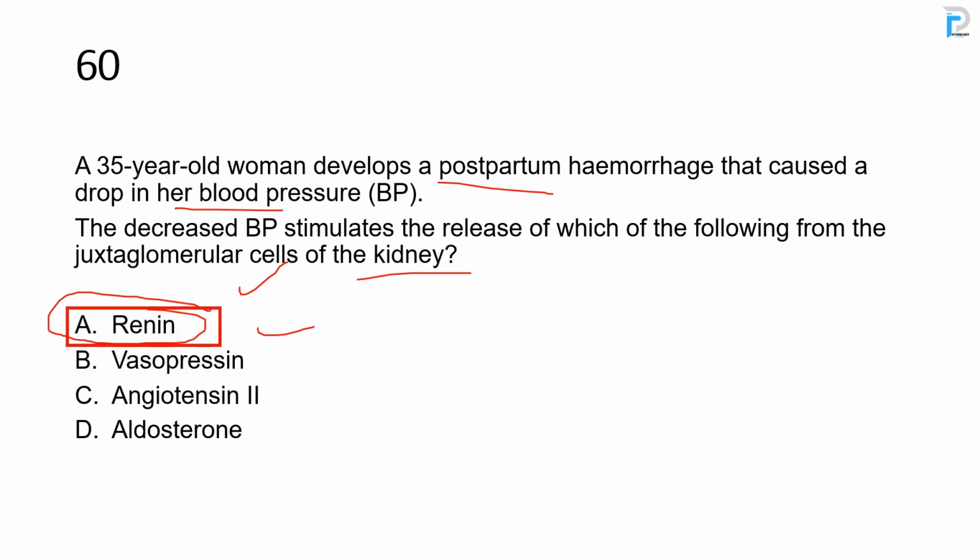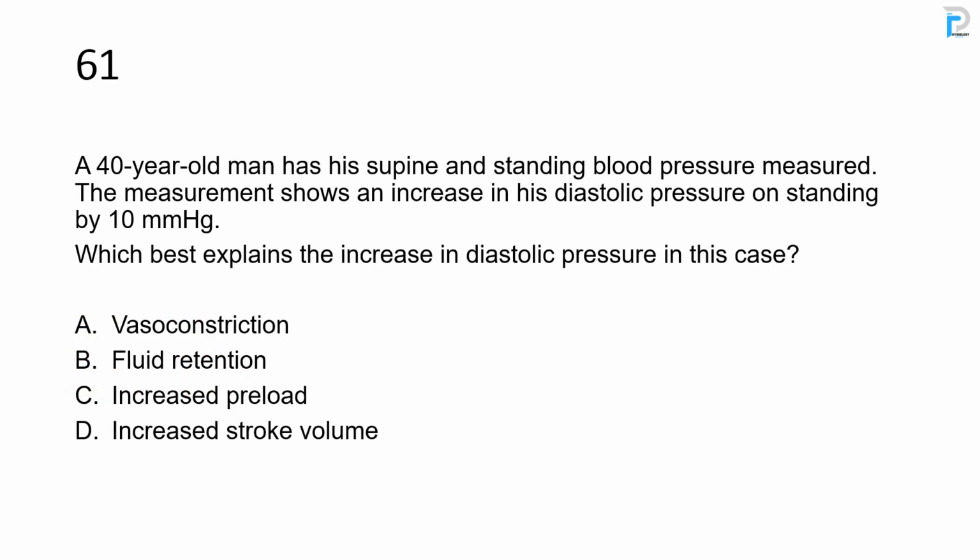A 40-year-old man has his supine and standing blood pressure measured. The measurements show an increase in diastolic pressure on standing by 10. As I mentioned earlier also, when we change our posture, there is a tendency for the blood pressure to decrease because of the effect of gravity.